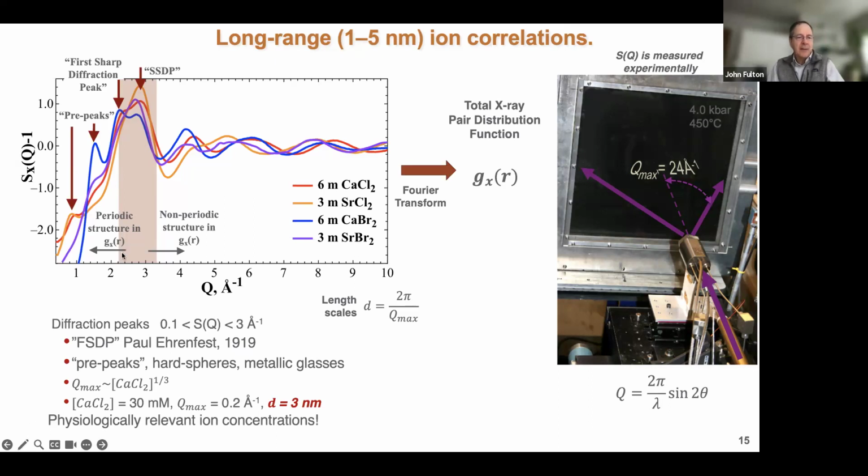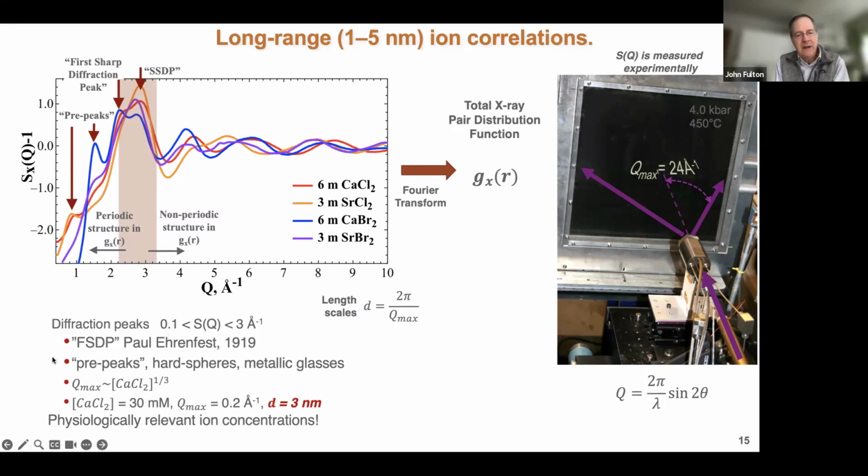The observation of pre-peaks goes back as far as 1919. Paul Ehrenfest, looking at his photographic film, came up with these highly technical terms of the first strong diffraction peak that's observed in water, second strong diffraction peak. These are terms that have been used to this day, I guess, in describing these peaks with perhaps unknown origins.